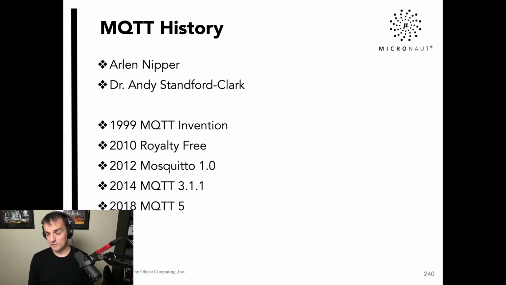In 2014, the MQTT 3.1 spec was released, and chances are, if you are working already with MQTT, you are probably working with MQTT 3.1.1. In 2018, MQTT 5 was released, which is backward compatible with MQTT 3 and adds extra features.